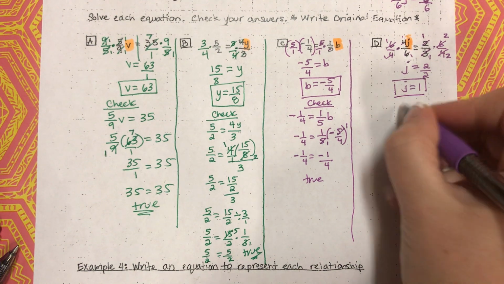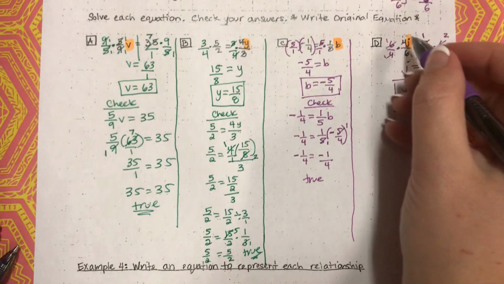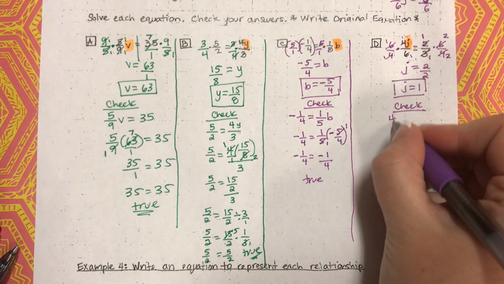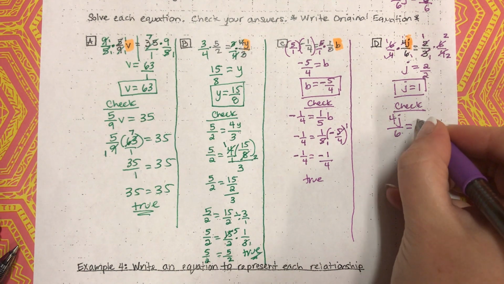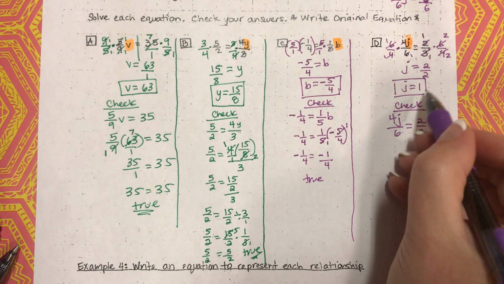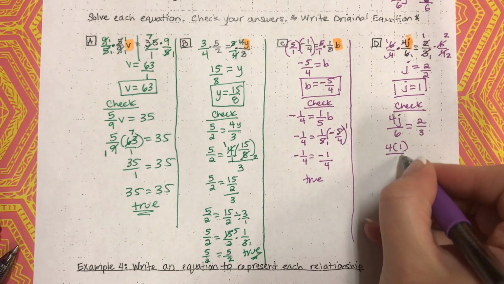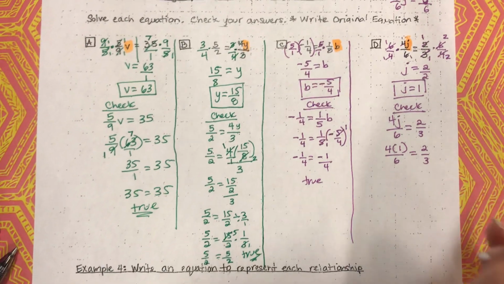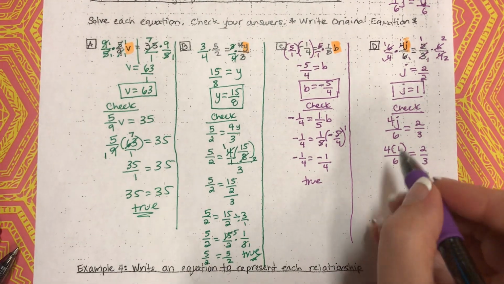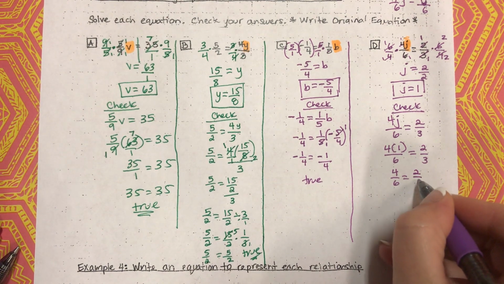Now let's go ahead and check and see how we do. So we're going to write that original equation, 4j over 6 equals 2/3. We're going to substitute 1 in for j. So we're going to have 4 times 1 over 6 equals 2/3. Okay, 4 times 1 is just 4, so 4/6 equals 2/3.